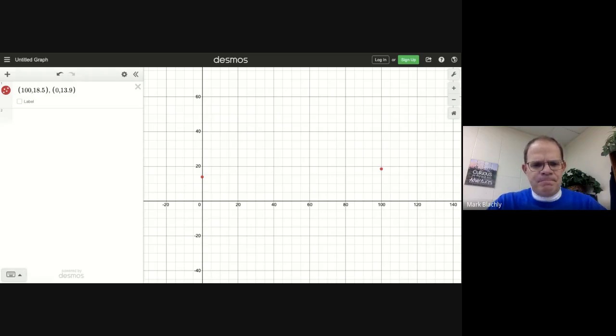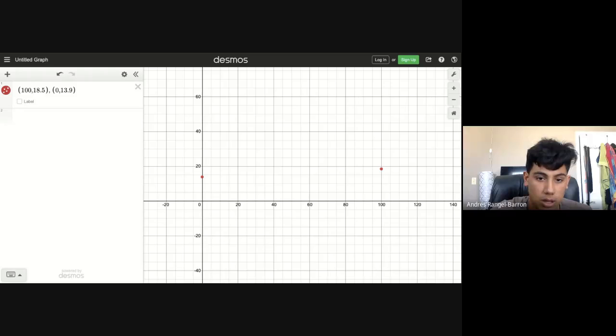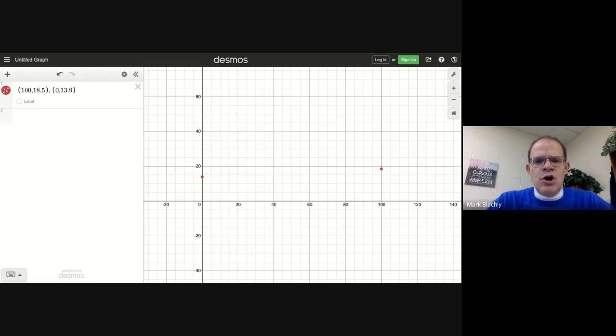Everybody get that? Good. Now, Andres, what's the intercept? Where would the line that goes to those 2 points, where would it cross the y-axis? At 13.9. Okay. All right. So everybody watch my screen now. I'm going to show you how we do this. Down below here, I'm going to click in the next box.